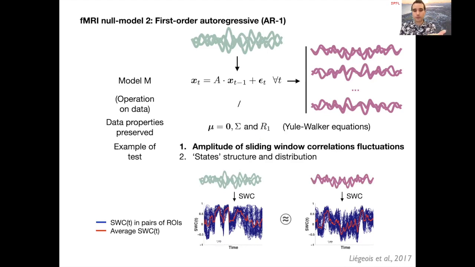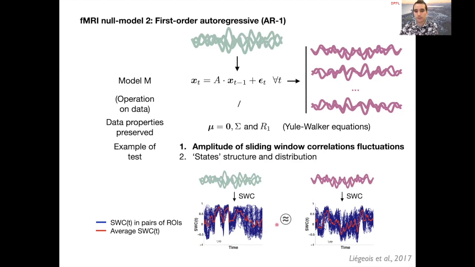So just to give an example of what we get if we compare the first metric, the amplitude of sliding window correlation. Here is what you get if you apply sliding window correlation on original data. The blue curves here are the sliding window correlation for each pair of ROIs, and the red curve is the average of the blue curves. As a function of time, you have quite large fluctuations.